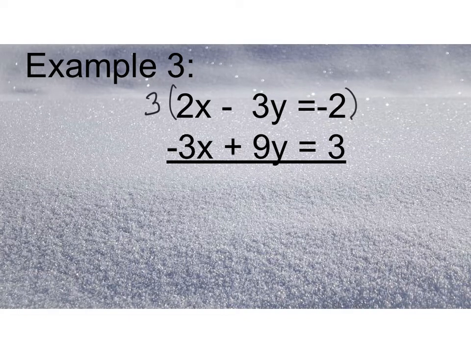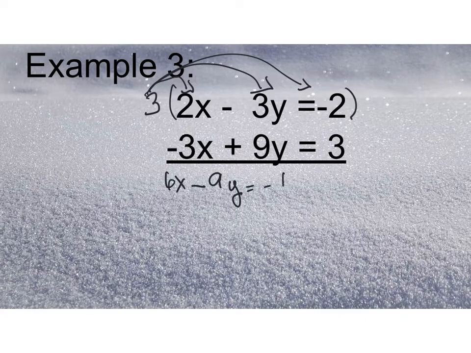by 3. So we're going to do 3 times 2x. That becomes 6x. 3 times negative 3y, which becomes negative 9y. And then 3 times negative 2, which equals negative 6. So note that 3 times, I did here, 6x, and don't forget the negative and the negative. You have to be very careful with your signs. That's why we want to show all our work.